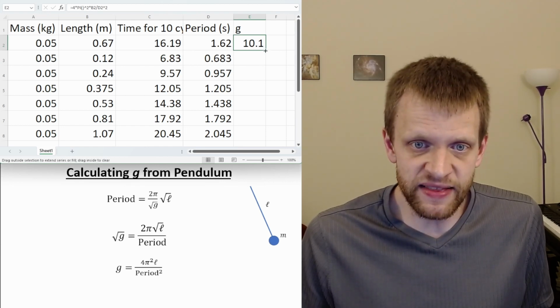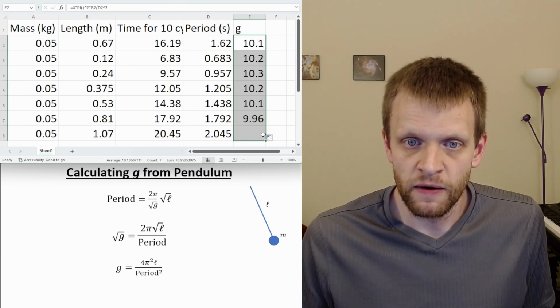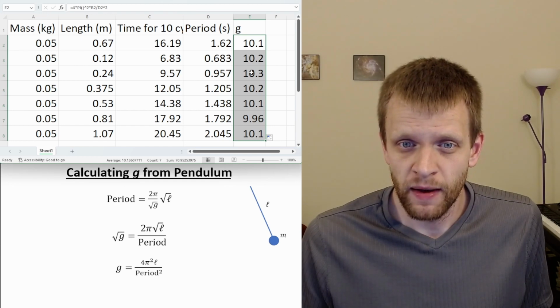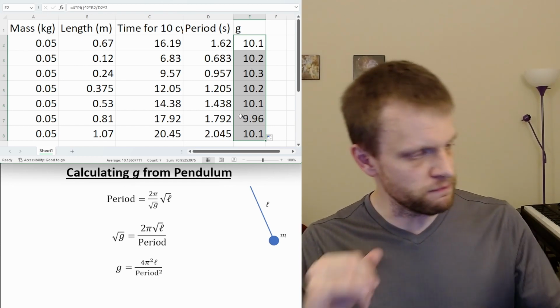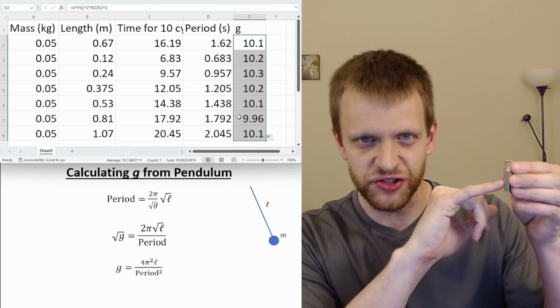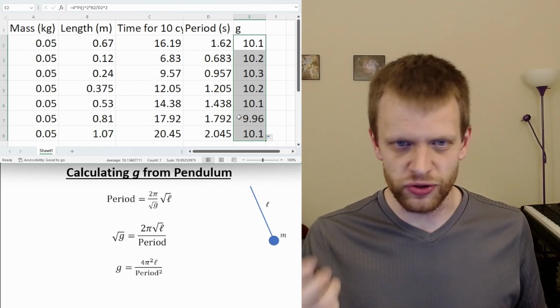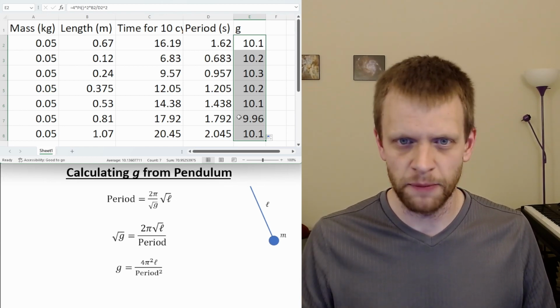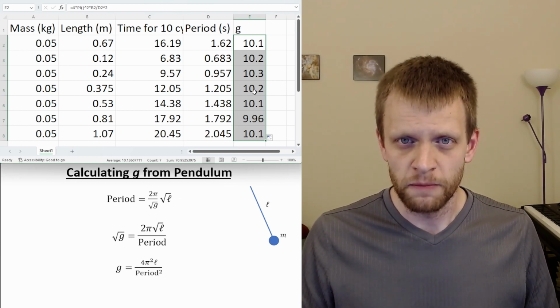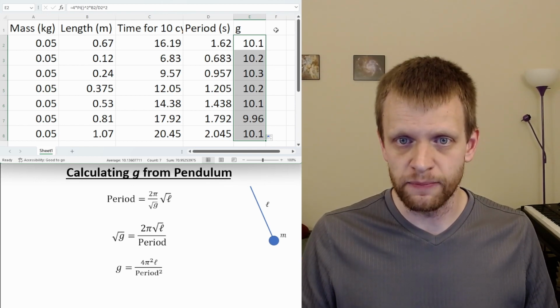I can repeat this calculation for each one of these. And notice, looks like I'm getting a little bit of overestimate, so maybe the point that I was picking as the very center was a little bit off, or maybe I was always a little bit late with my timing. Again, there could be a couple of things throwing this off, but they're all pretty close to 9.8.